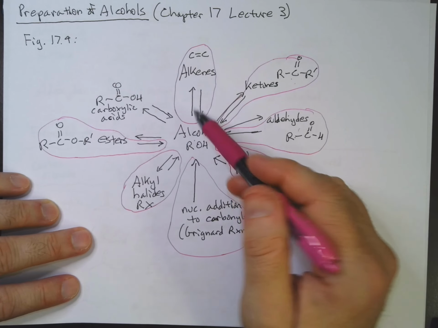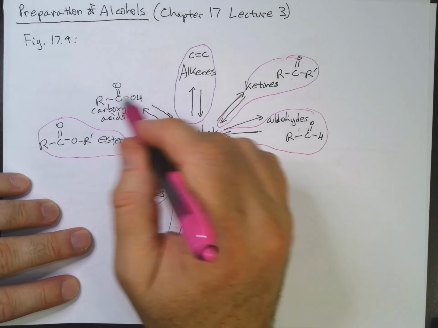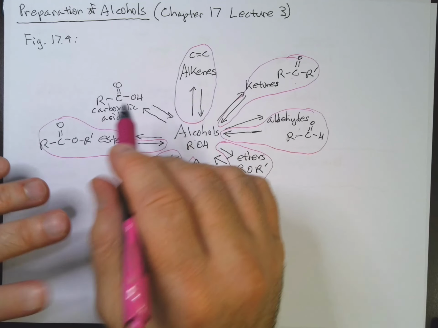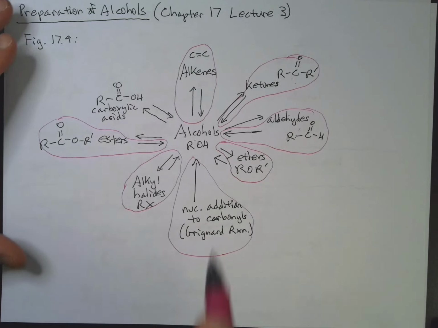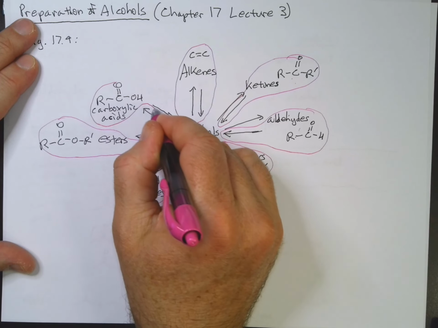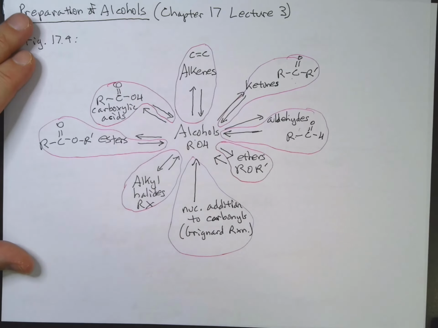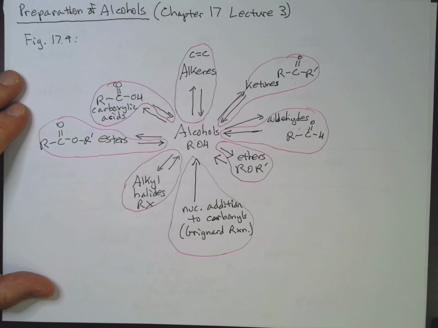Carboxylic acids to get alcohols is a little bit different. We did see, hold on here, we can reduce those. If I can find my reduction. Yeah, we saw the reduction, but we can't use the Grignard to make an alcohol that way.